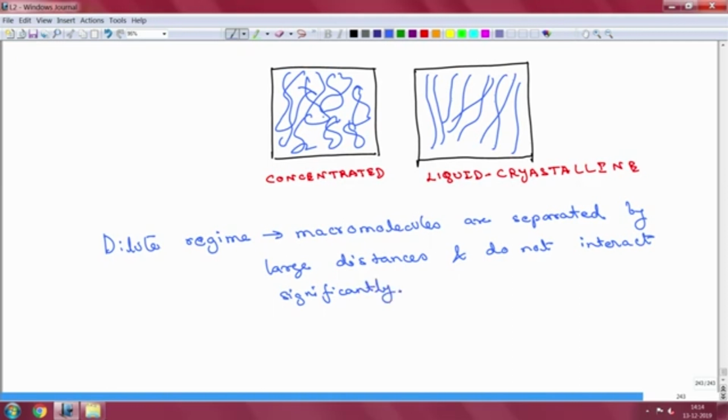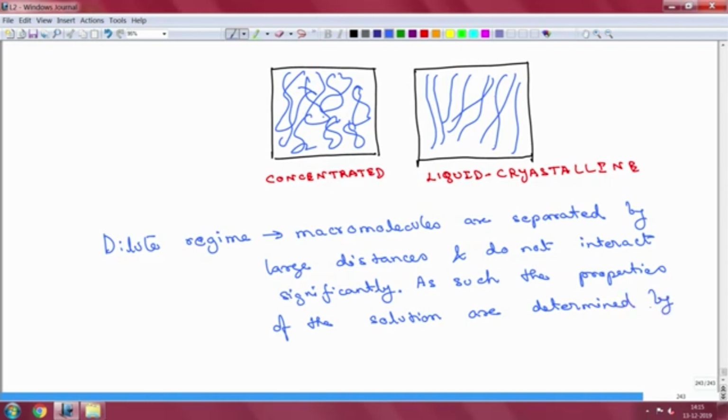As such, the properties of the solution are determined by properties of individual macromolecules.